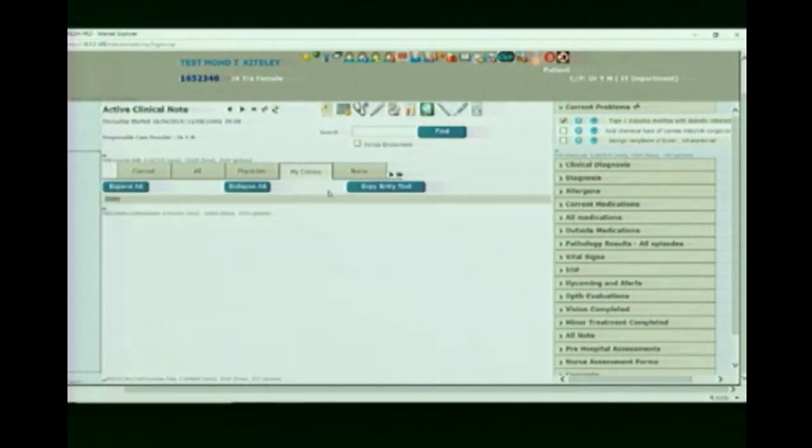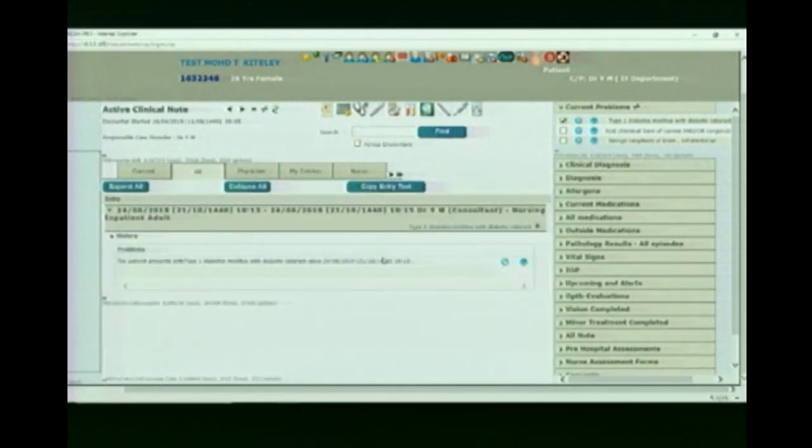It's like a smart search. You can see here it's filter based the current problem. For example, here I can see only the visit for this specific problem.